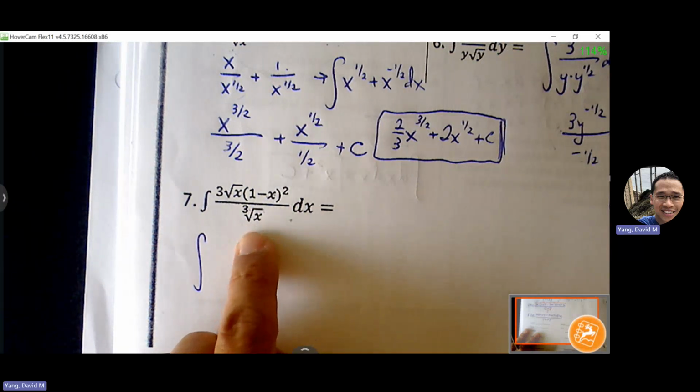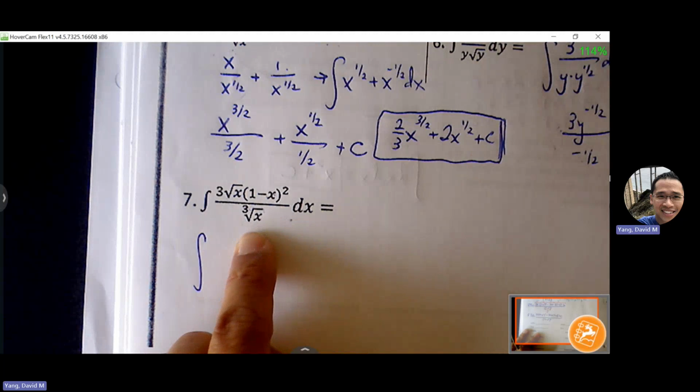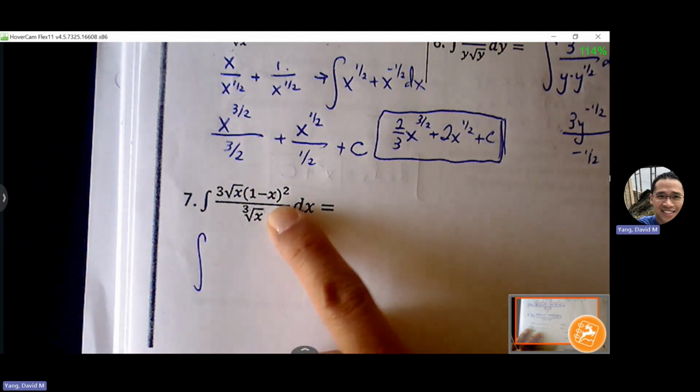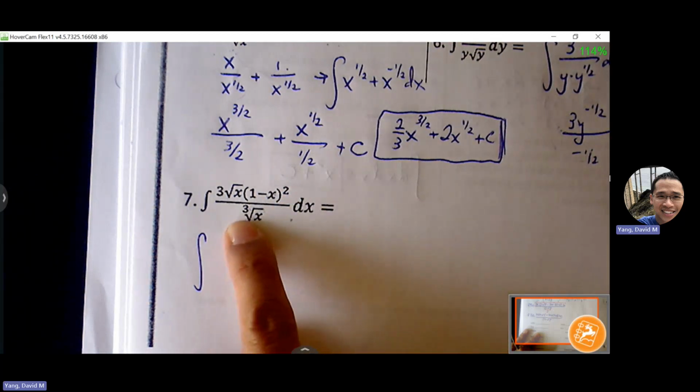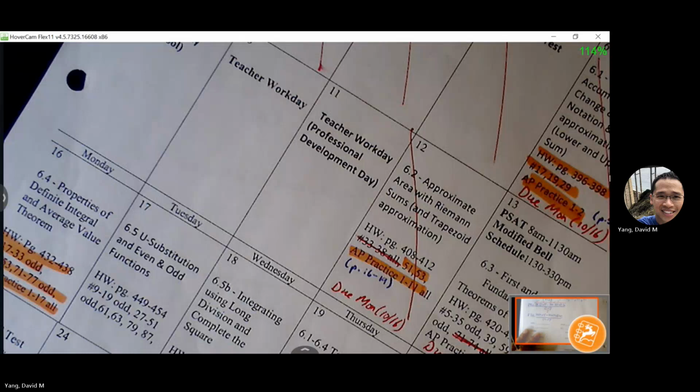If we can't do power rule, if something feels out of range of power rule, then we can explore U substitution. A problem with only one term in the denominator is within range of power rule, even though it looks complicated: we can clean up and just do power rule.